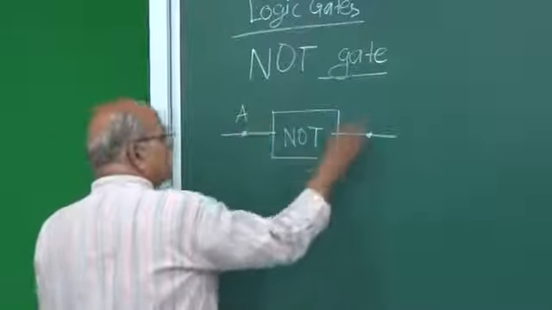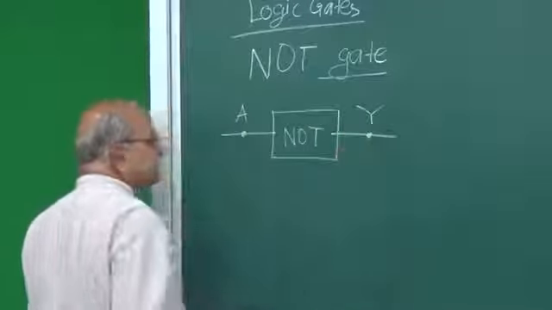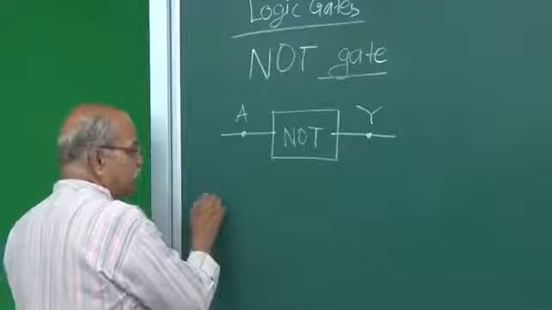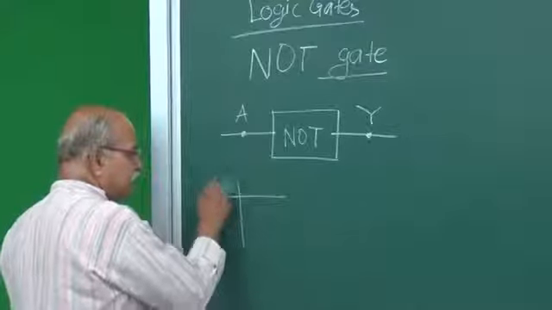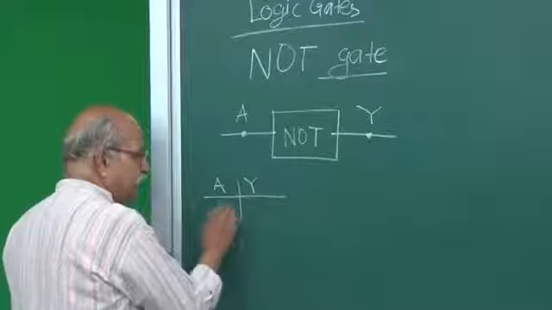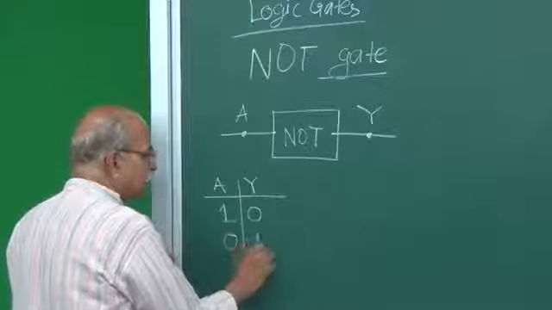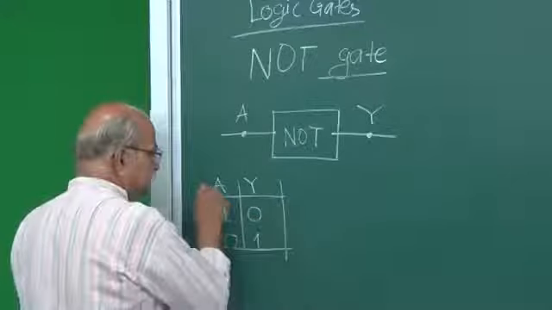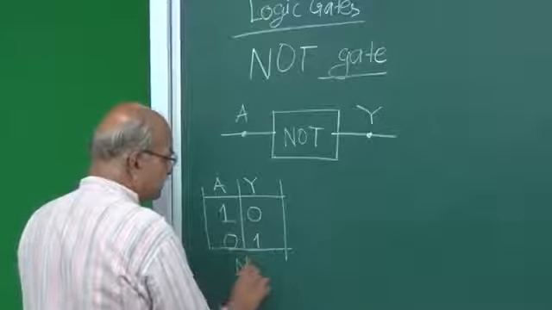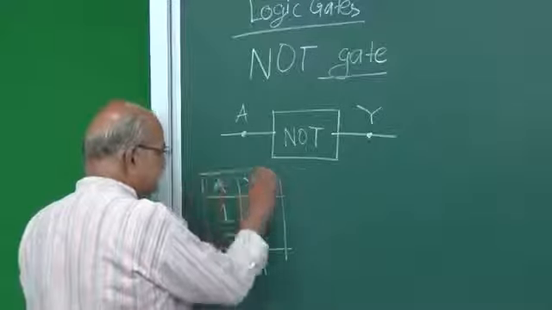Let us call the input A, and the output Y. So the truth table is very simple. If A is 1, then Y is 0, and if A is 0, then Y is 1. This is the truth table for NOT gate.